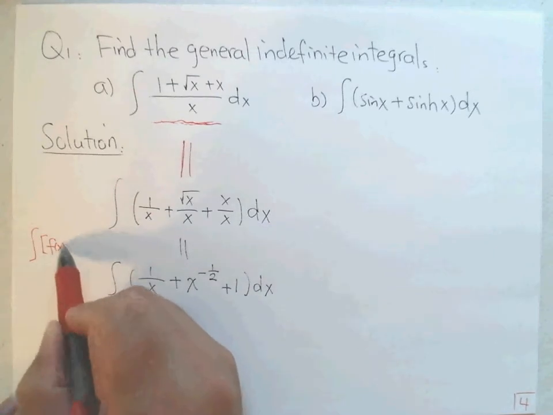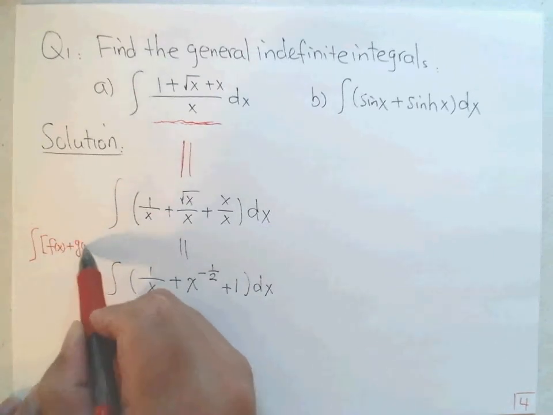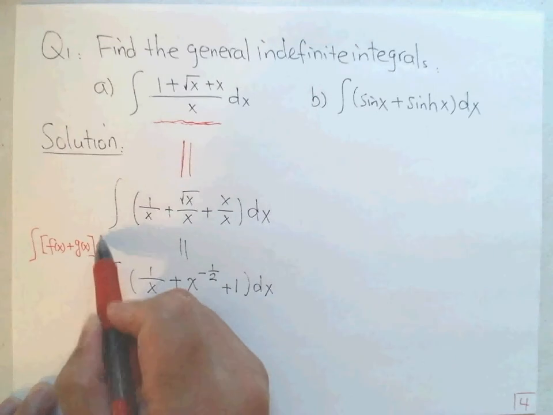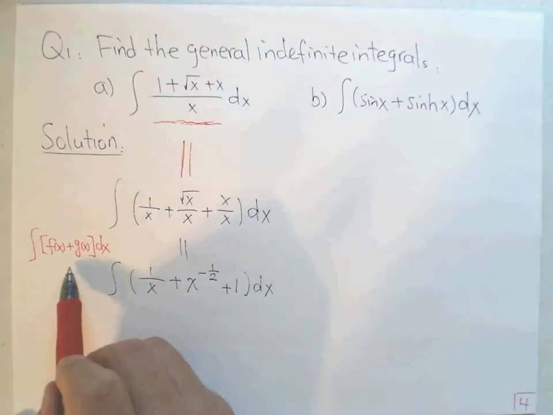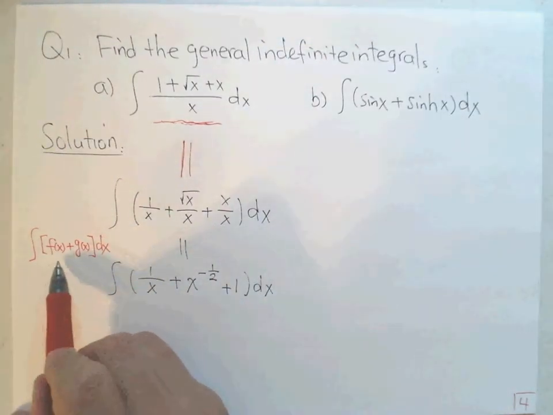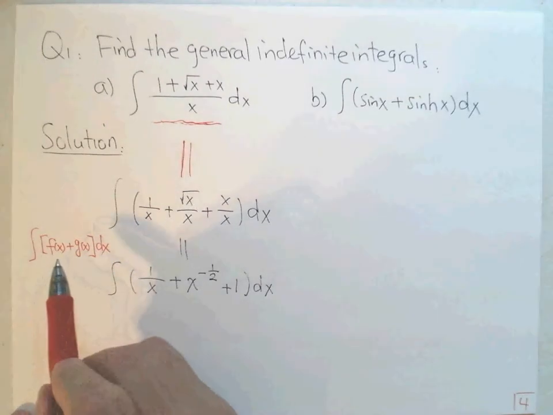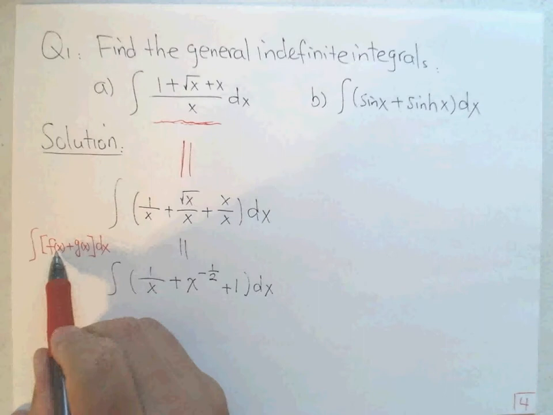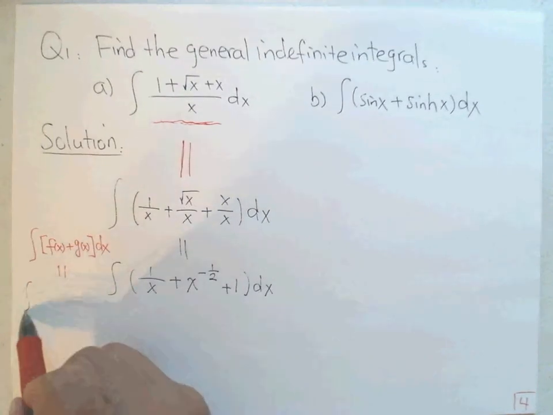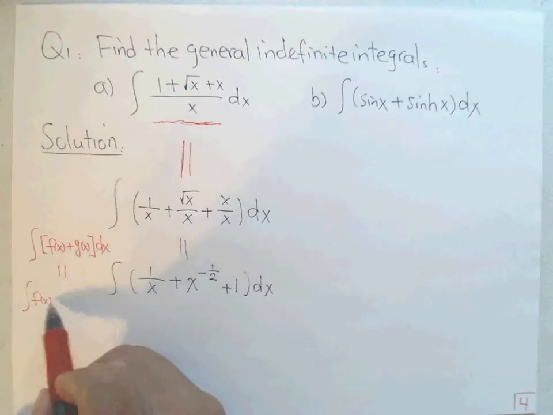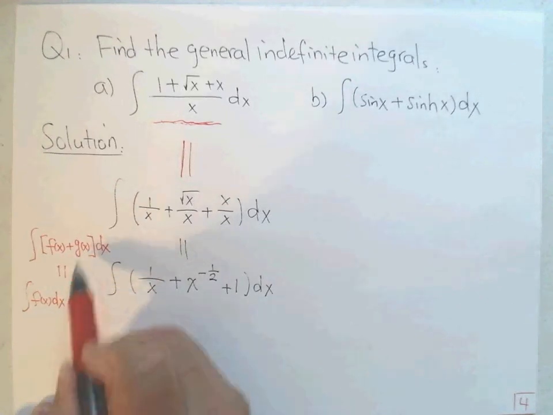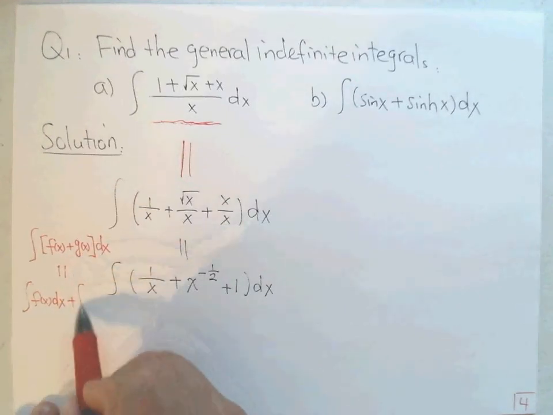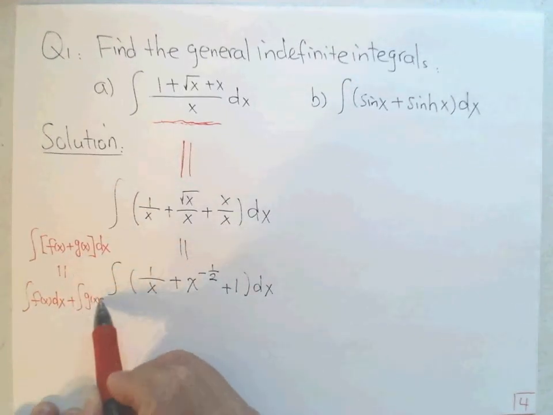If we're going to find the antiderivative of f(x) plus g(x), it is just the antiderivative of f plus the antiderivative of g.